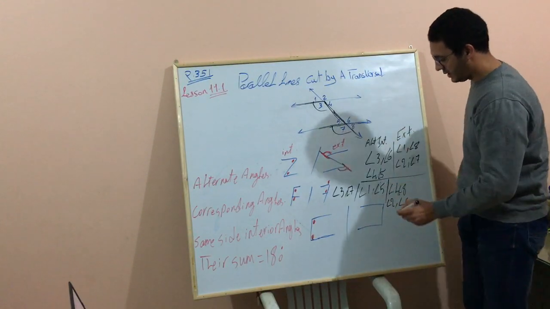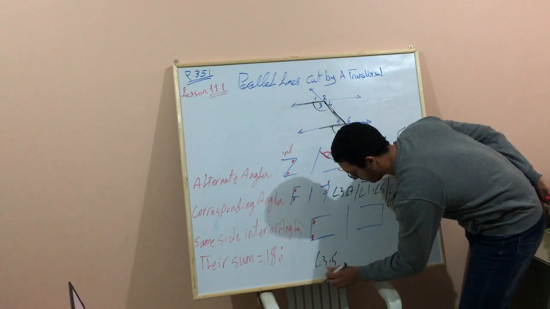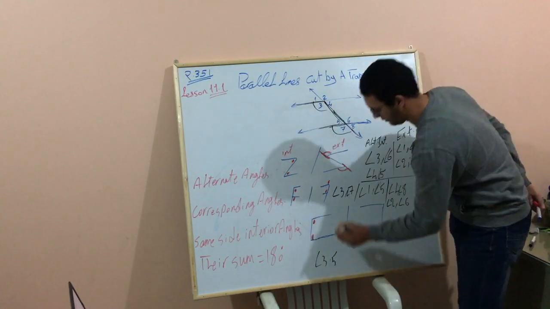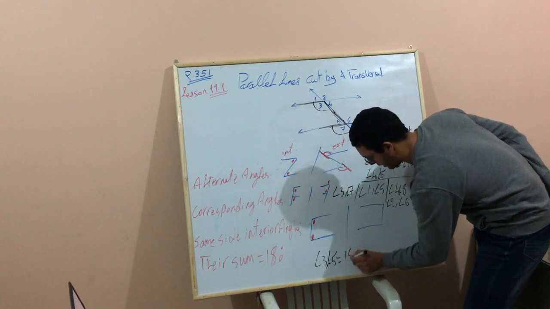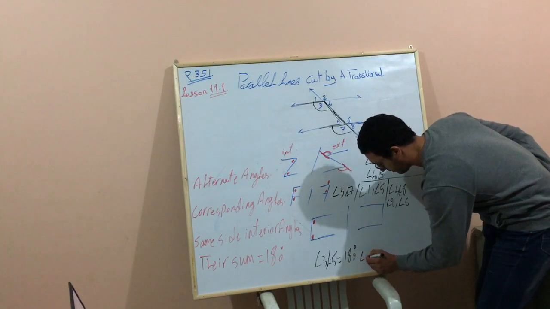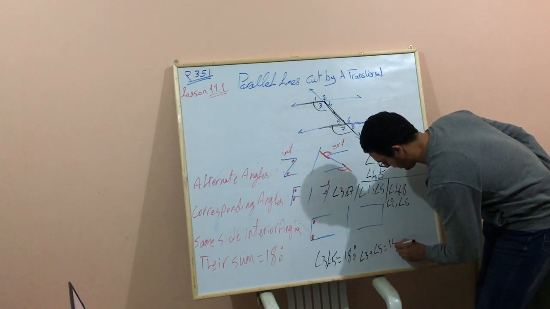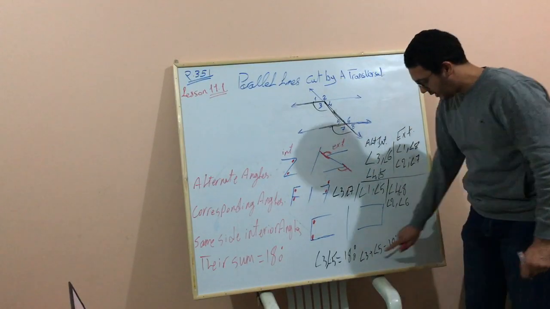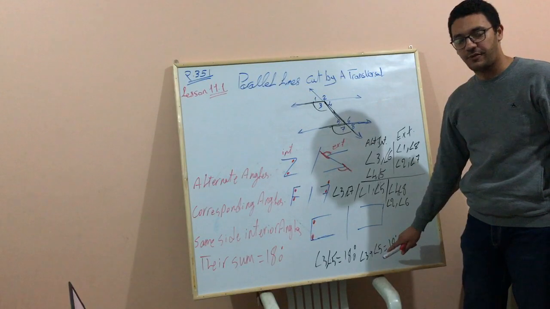In the same side interior we have angles 3 and 5. These two angles equal 180 degrees. So if I say angle 3 plus angle 5 equals 180 degrees, angle 3 here is not the measure of the angle, and angle 5 is not the measure of the angle.